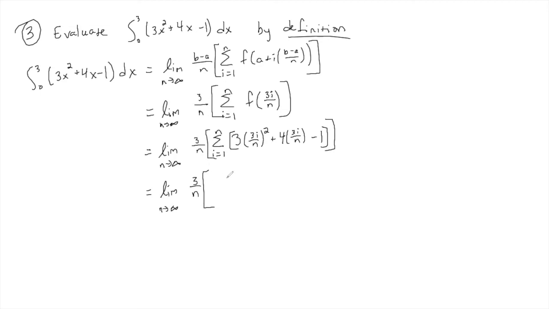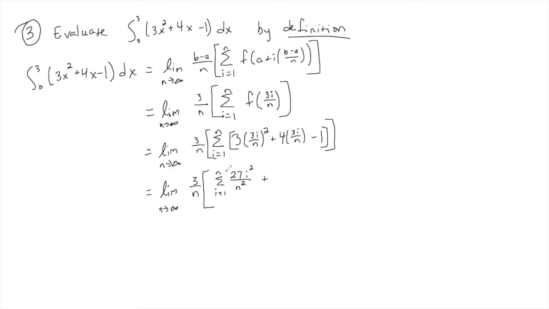Okay, so for this guy, it looks like I get the sum i equals 1 to n of, this is 9i squared over n squared, and I multiply that 9 on the top by 3, so I get 27i squared over n squared.